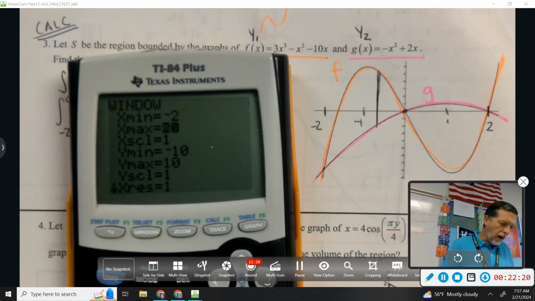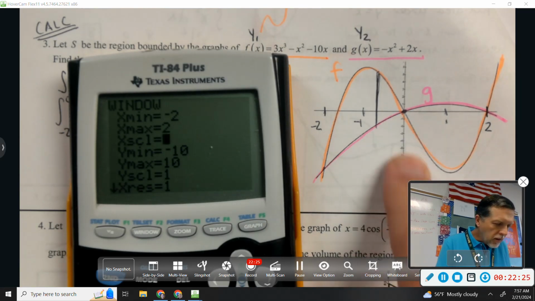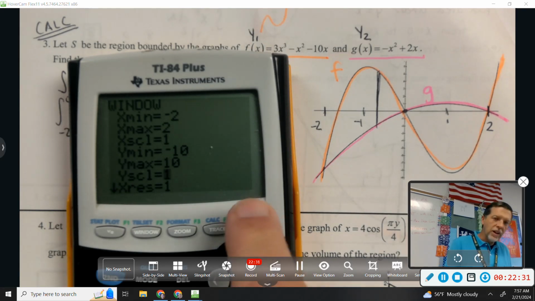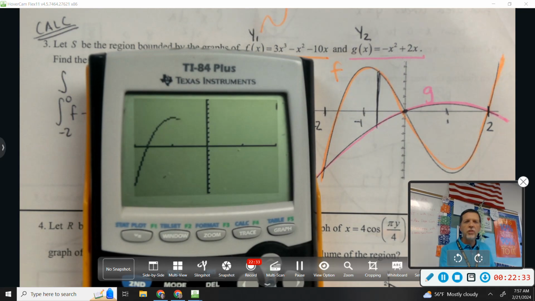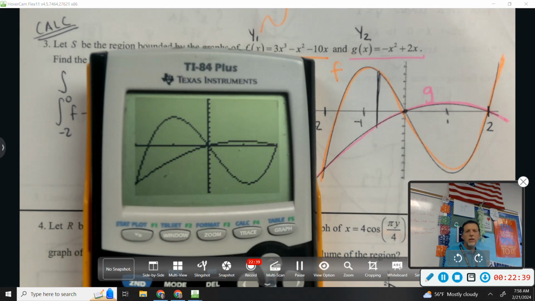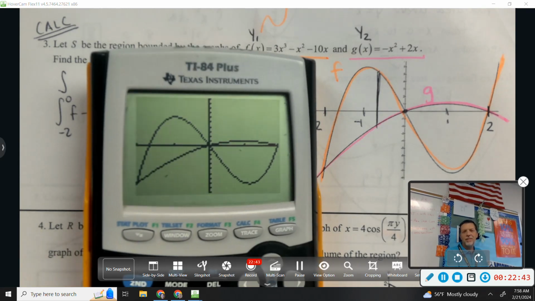I know where to graph it because I'm just trying to replicate this window. Goodness, I can't read those numbers. I'll just go negative 10 to 10. Close enough. So that picture should look like the picture we've got. Yep. Okay, so I just graphed it to make sure I typed them in right.